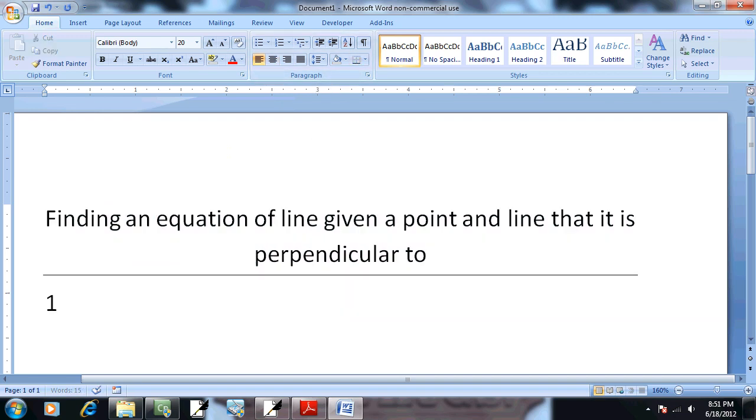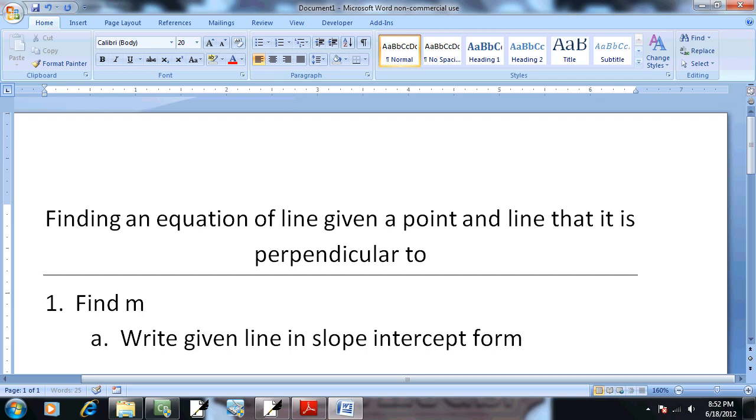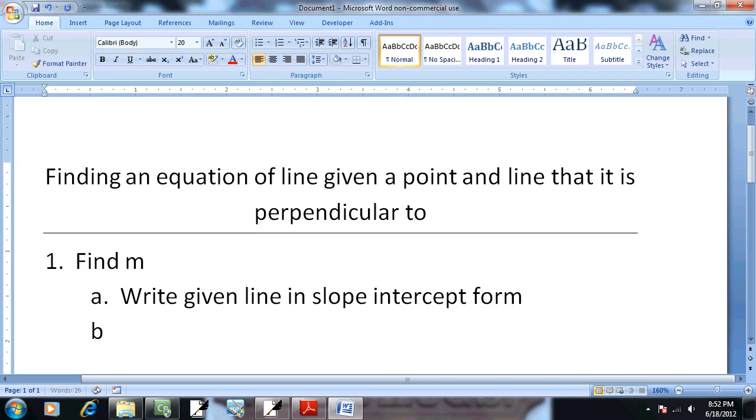Let's see. Step 1. Find m. And within that, we're going to write the given line in slope-intercept form. And then b, identify the slope. That's the number in front of the x.